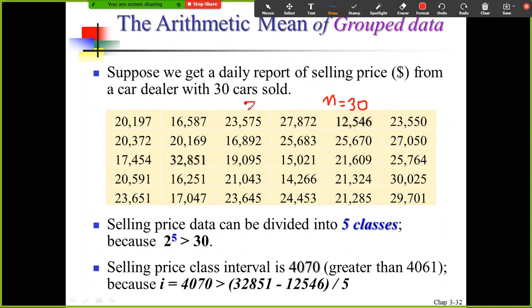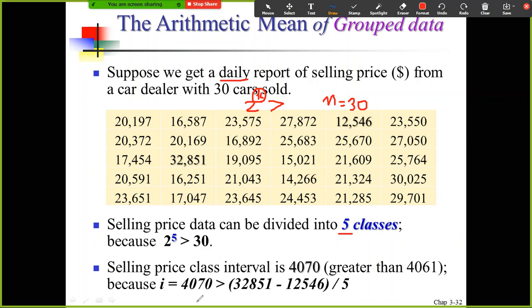So 2 exponent k must be equal to 30. So what is k? k is 5. That's why the price of the cars sold every day, for example one day, can be classified into 5 groups.